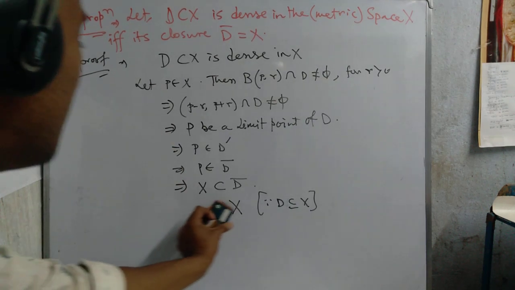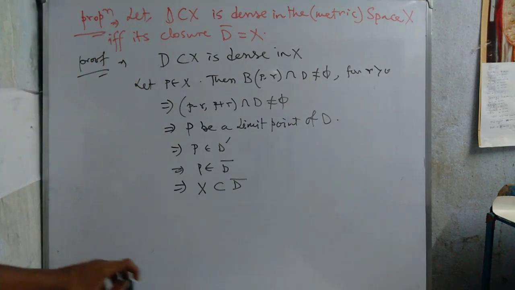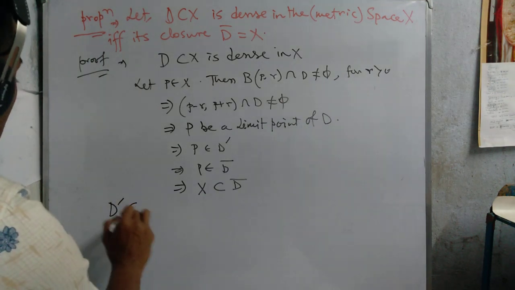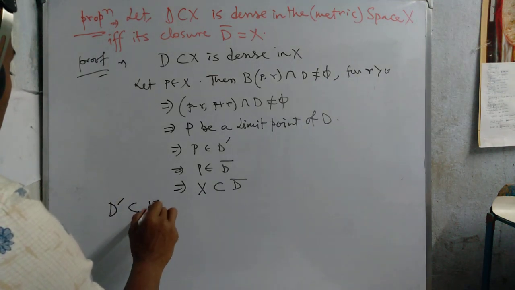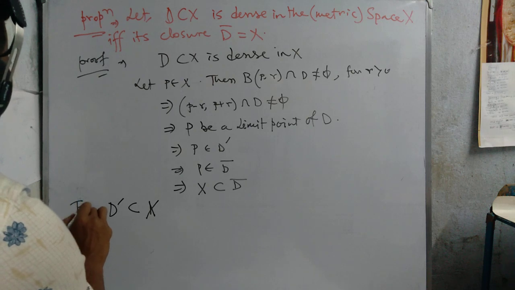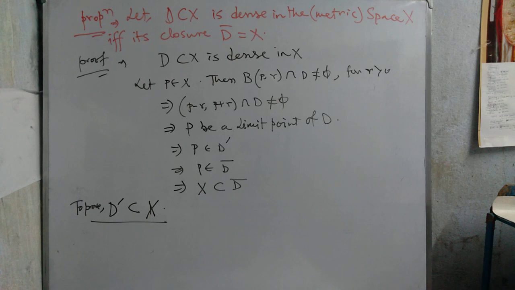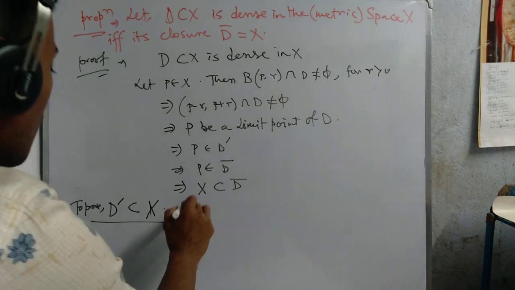D subset of X is given. Now we talk about another thing, D dash subset of X. If we prove this one, then we are done. How does this happen? D is dense in X.